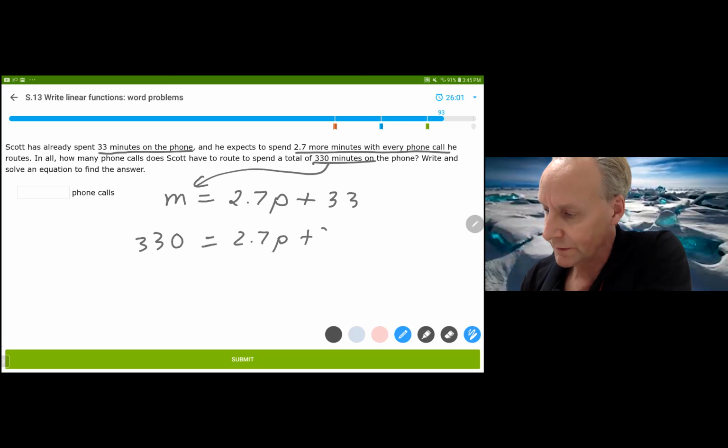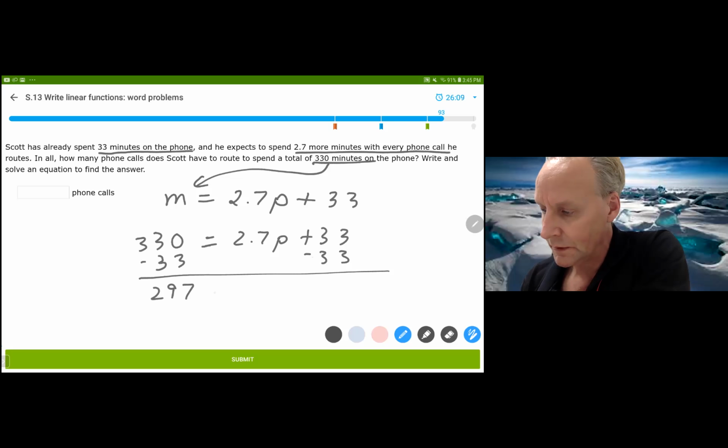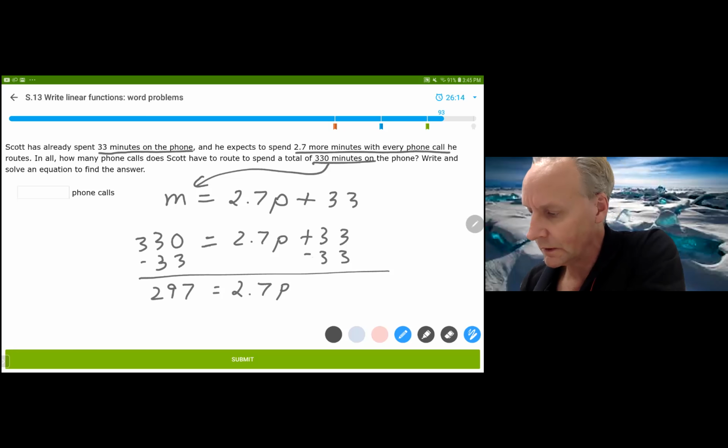2.7p plus 33. So we're going to subtract the 33 from both sides. And that's going to give us 297 is equal to 2.7p. Did I make a mistake? Oh, no, it works out. Divide by 2.7, divide by 2.7, and it ends up being 110, I believe.